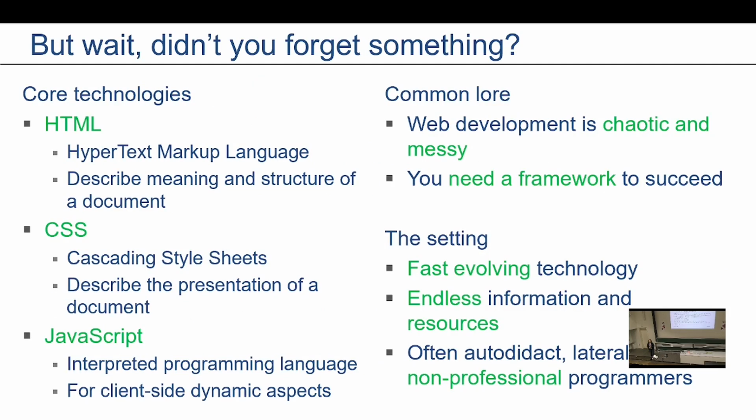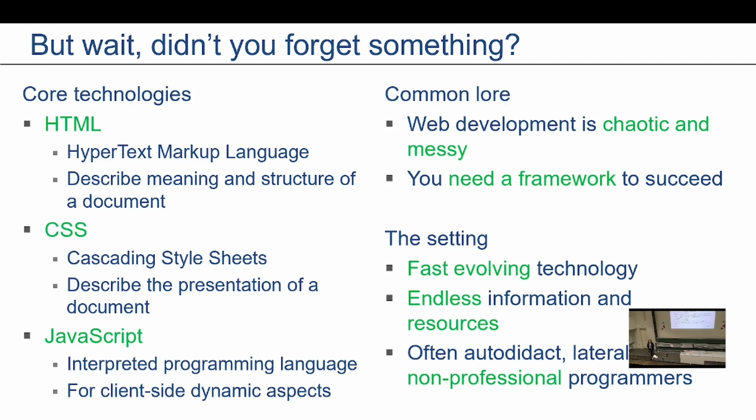Yeah? So now, one thing I forgot, and a lot of people forget that in web development, there are core technologies. Nobody talks about the core technologies. It's all about frameworks, yeah? About stuff you need. So the core technologies are simple. You have HTML, this is for the semantics, you could say. You have CSS, styling and layout.